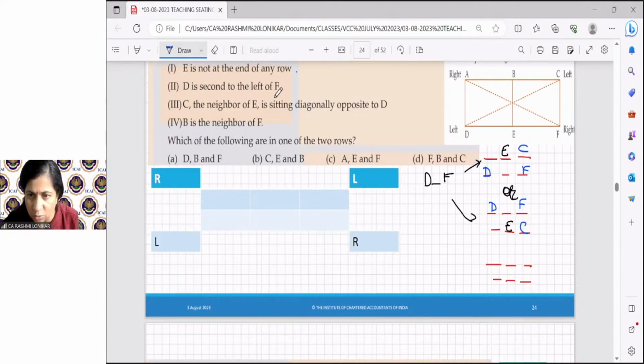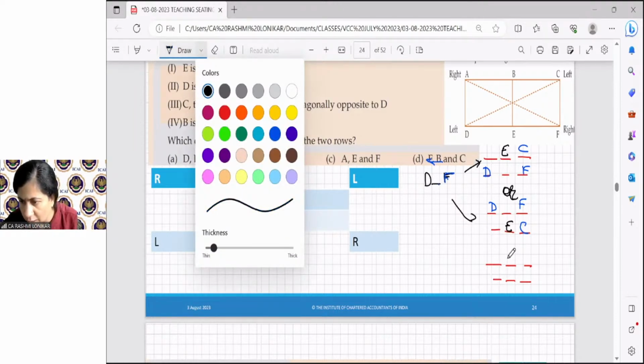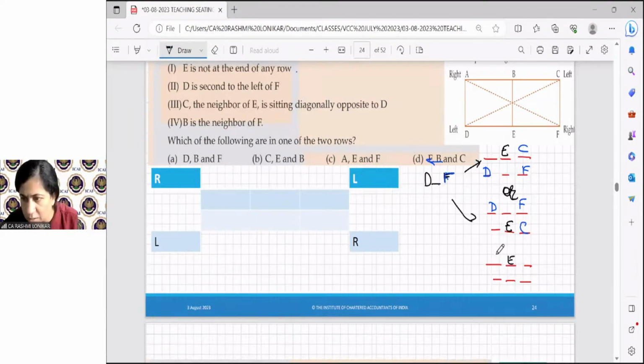D is second to the left of F because this is F and this is his left hand side. So F dash D. C is the neighbor of E, so EC here and diagonally opposite this. You may also have E, C, D, F, but this cannot happen.